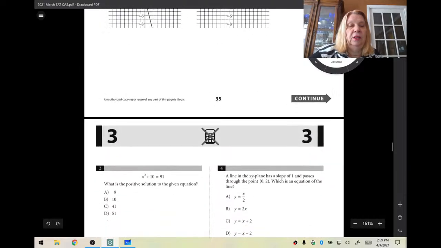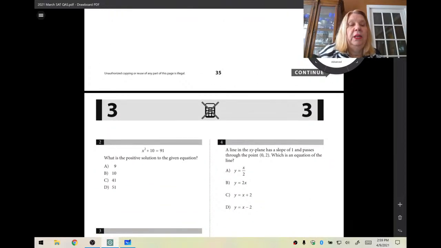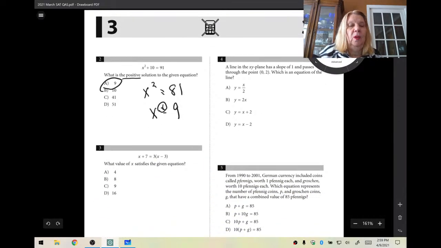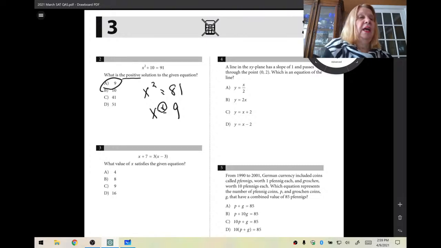So moving on to 2, we need the positive solution, so we subtract 10 from both sides. And so x could be plus or minus 9, but we want the positive solution, so our answer is 9. Number 3, what value of x satisfies the given equation?